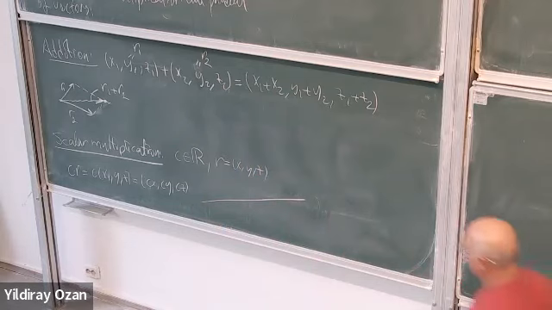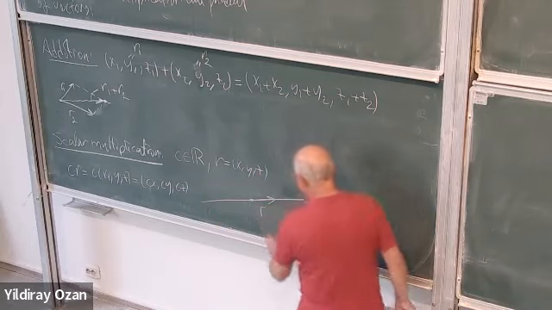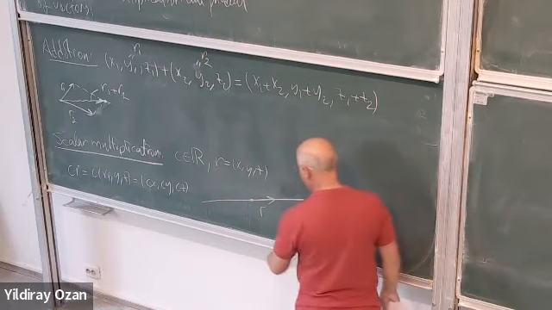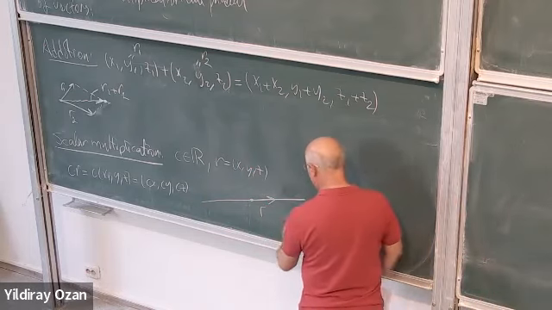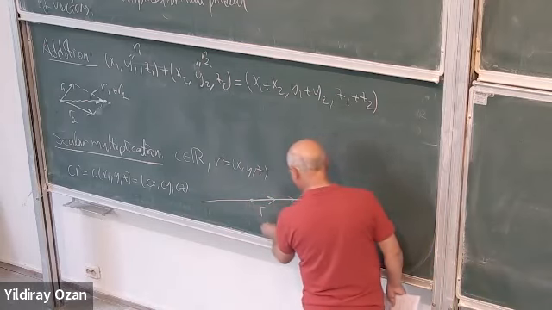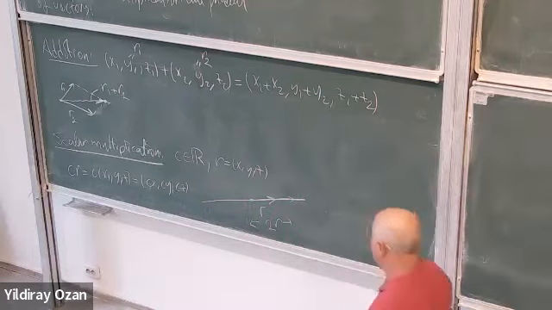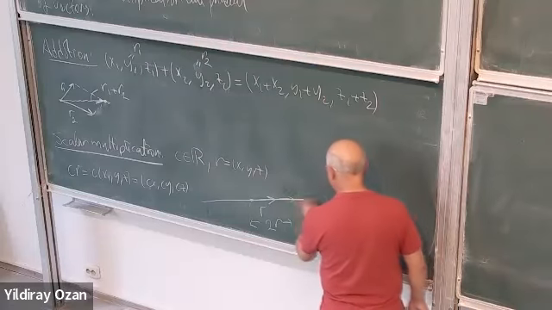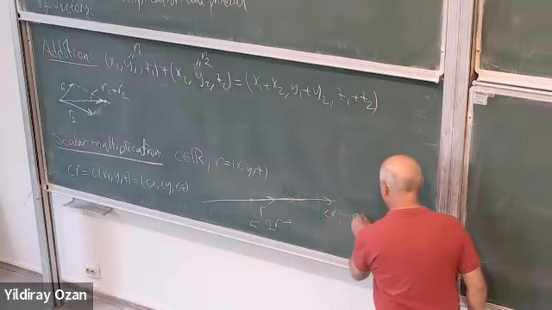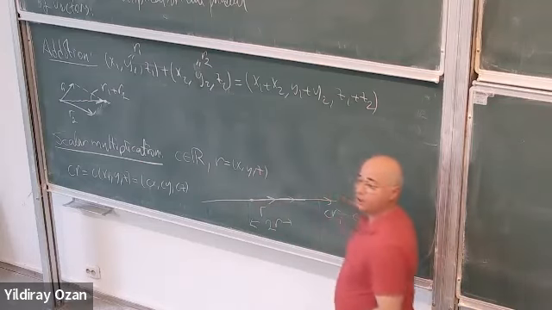Suppose this is your vector R. C times R, if C is positive, for example if C is equal to 2, then you just multiply this vector by 2. So this is 2R. If C is negative, then it will point in the other direction.